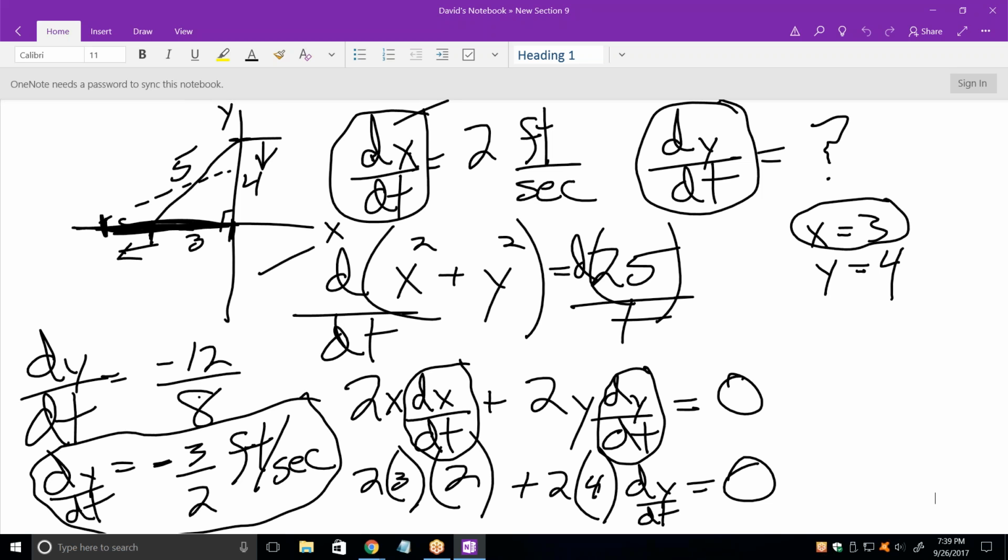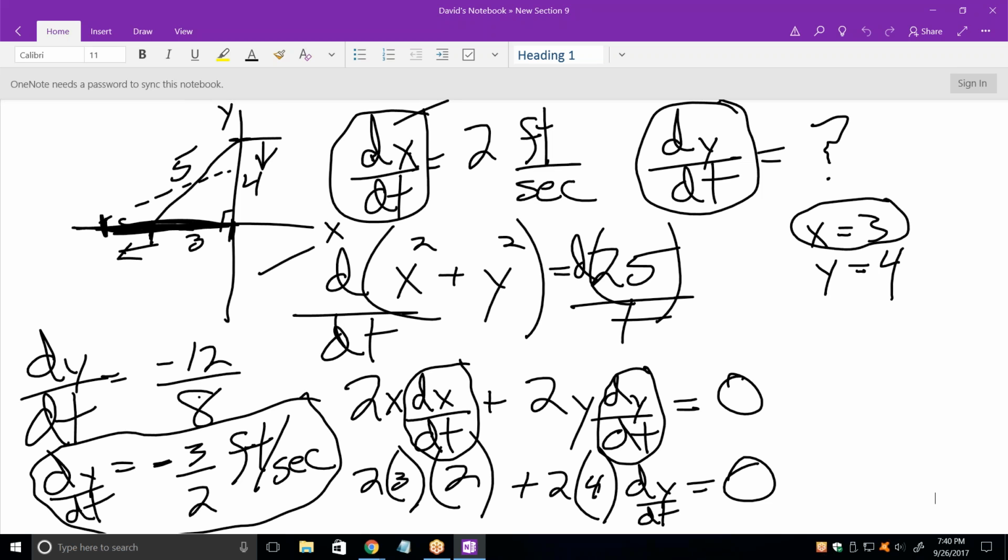Not at all. So dx/dt would be 0 when x is 5. What's dy/dt at that point in time? It would also be 0. Exactly. So you can see that the speeds vary depending on what point in time you want to measure.